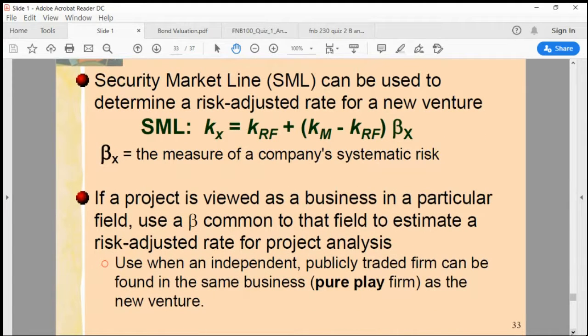So calculating the risk premium, right? You can use a risk premium method to make an adjustment for the risk, but also you can use CAPM. But here's the thing.